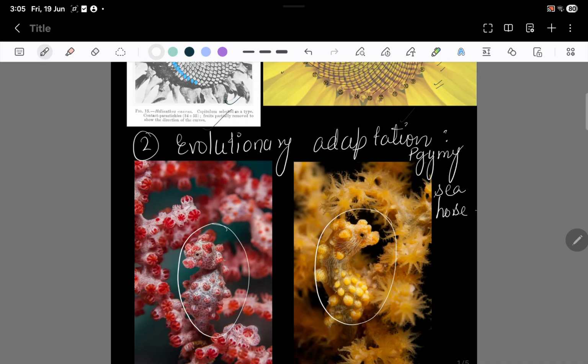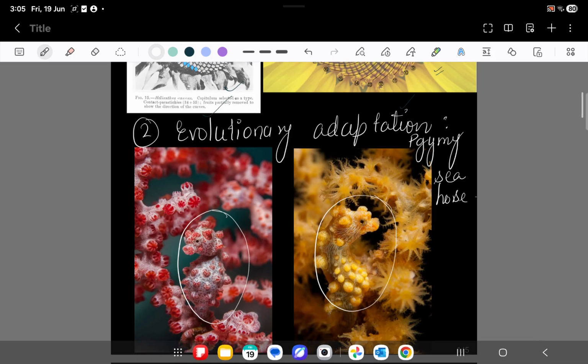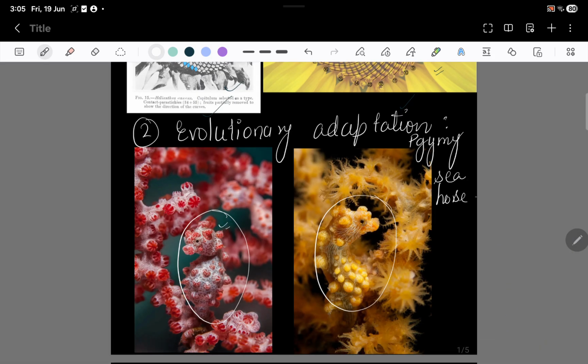So these bony fishes have evolved over countless generations to camouflage themselves very well in their surroundings. See, this pygmy seahorse lives on corals. Here you can see this coral. Here you can see one more pygmy seahorse. These live very well on the surroundings.